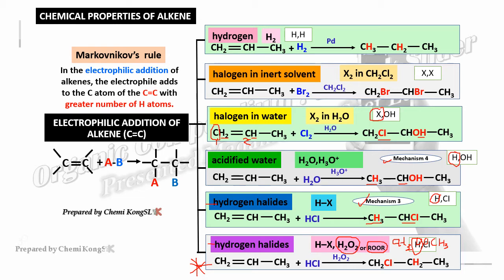That's why hydrogen will be added to C2 and then chlorine is added to C1. So the function of hydrogen peroxide is that it does not follow Markovnikov's rule. You can check what the real purpose of hydrogen peroxide is in this case, but this reagent will not allow you to apply Markovnikov's rule.